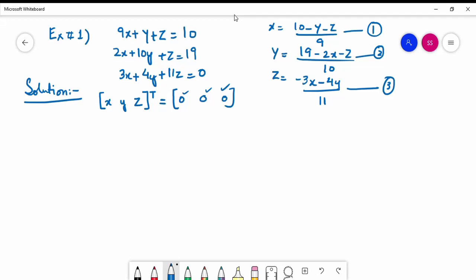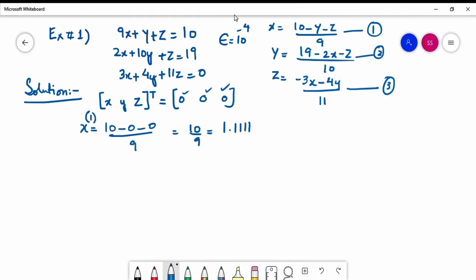If I replace the values of y and z, you get the modified value of x. Using these values, 10 minus 0 divided by 9 is 10 by 9, that is 1.1111. If the tolerance is 4 decimal places, you write this value as 1.1111. So x to the power 1 means the first iteration.